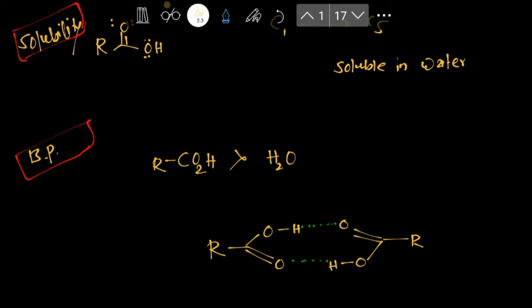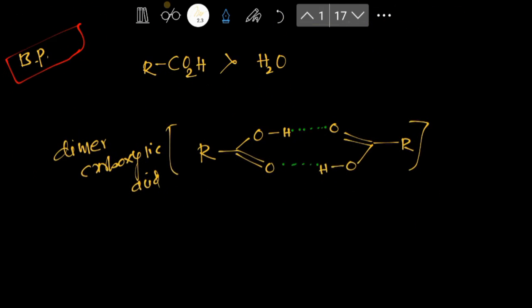Now look at this. This is the dimer of carboxylic acid, and that dimer shows the hydrogen bonding, and that's why it is soluble in water, and that's why the boiling point is higher than the others.